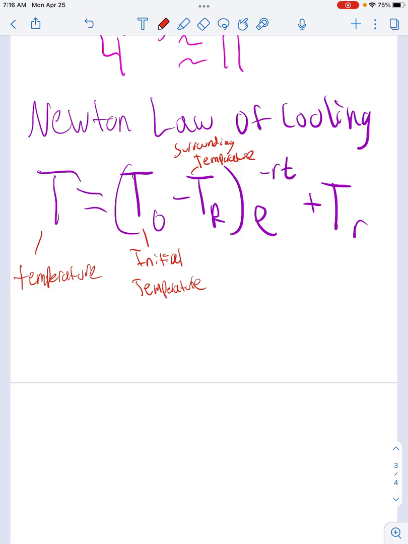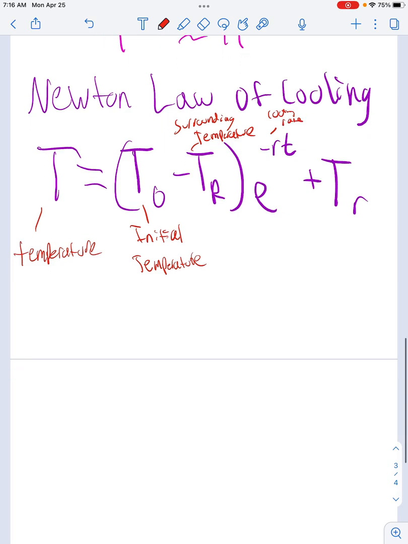You know what e is. r is the cooling rate. And then lowercase t stands for time. And again, T sub R is the surrounding temperature.